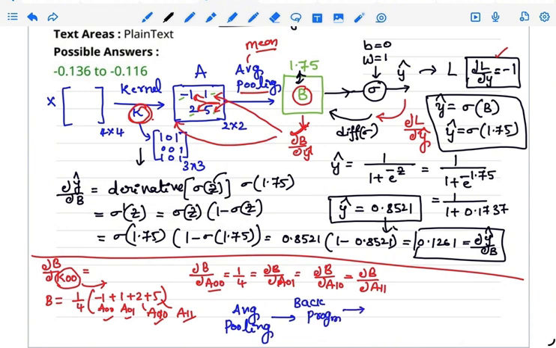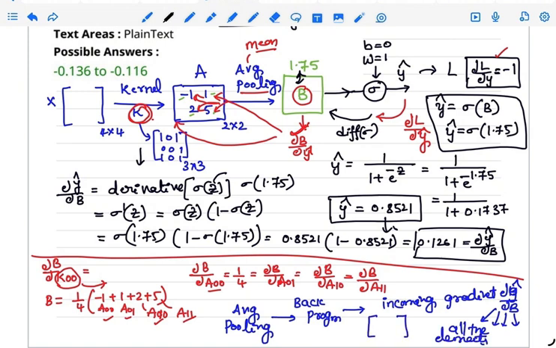So it divides the incoming gradient, that is dou y hat by dou b, equally among all the elements. If the window size is 2 cross 2 matrix, that is 4 elements, then every element gets equal contribution, that is 1 by 4.